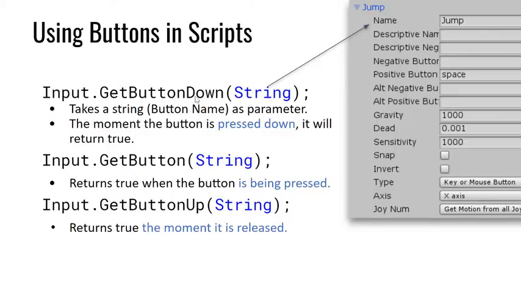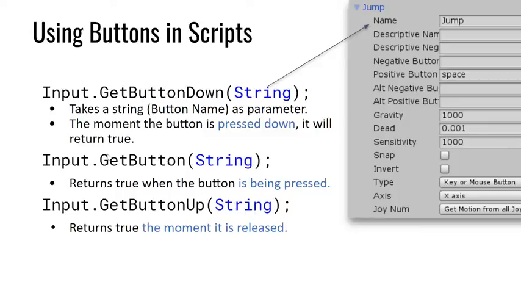GetButtonDown returns a boolean. It only returns true the moment the button is pressed. So when you press the button down, it returns true for 1 frame, and then until you release the button and press it again, it will return false.